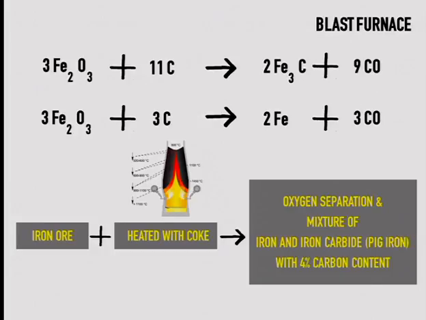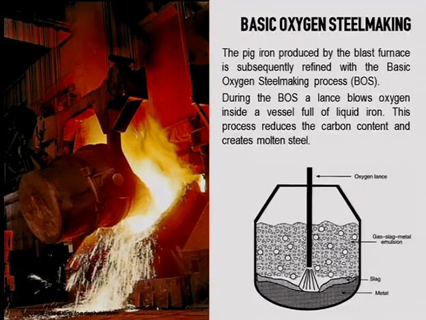Then we need to further reduce the percentage of carbon, and what we do, there is an oxygen lance that just goes into this liquid mix and blows oxygen. This is the lance, and it blows oxygen in, again to further reduce the percentage of carbon.